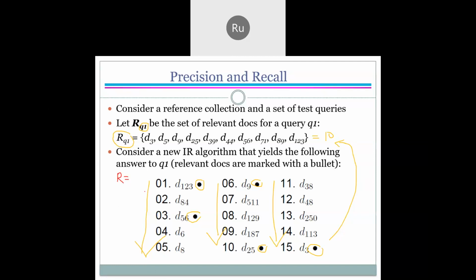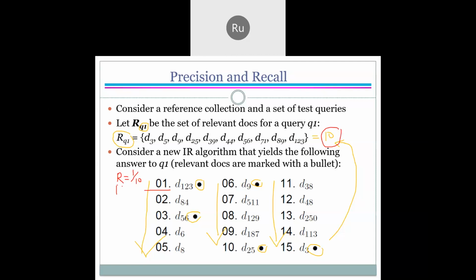The recall refers to how many of the relevant documents are being retrieved at that particular point. So when we are at this position, the recall rate will be 1 over 10, because we have 10 relevant documents.